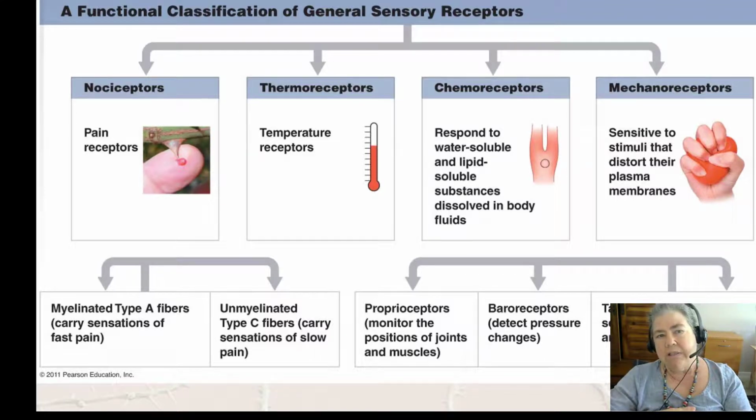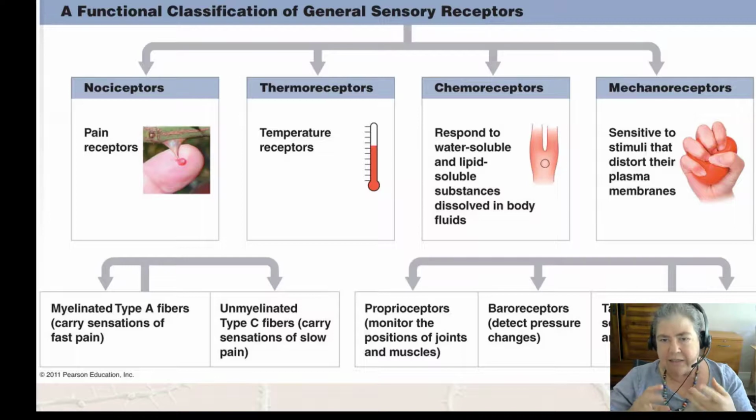The chemical capsaicin, which is produced by spicy hot peppers, creates a sensation of heat because of its interaction with chemoreceptors. And then there are mechanoreceptors that detect things like pressure and shape that are sent because the mechanical forces distort the plasma membrane.